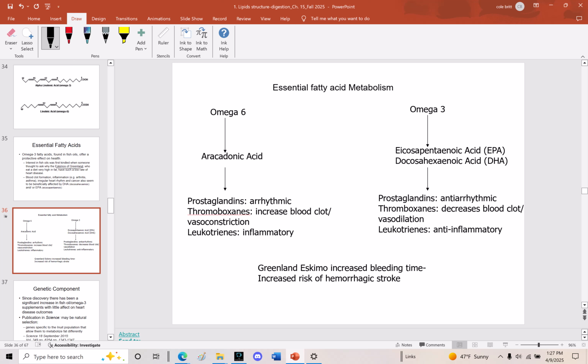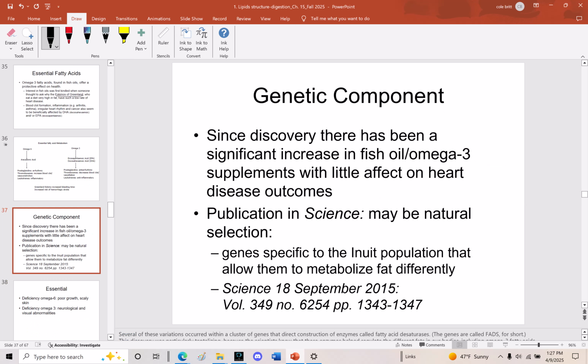We've done a lot of studies where we've given people supplements of fish oil or omega-3s. They haven't worked. We still have high rates of heart disease. So again, a lot of the information when it comes to diet can be gene specific. It just depends on the culture, the epigenetics of your genes, and that's going to play a big role in whether or not a certain diet change might be beneficial or harmful.